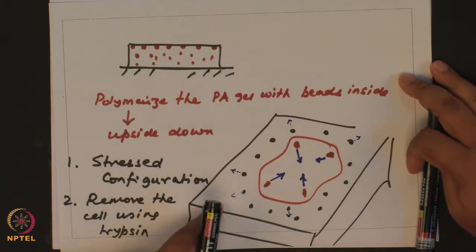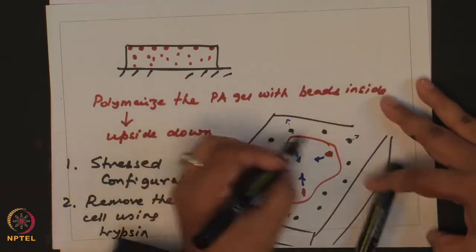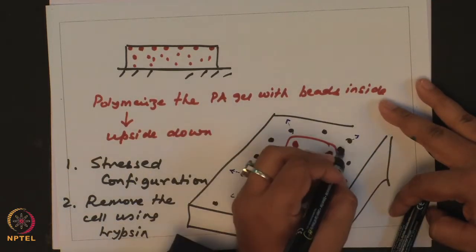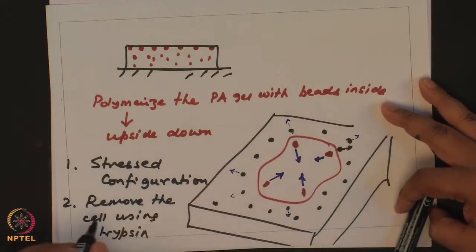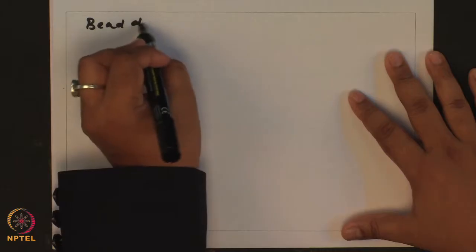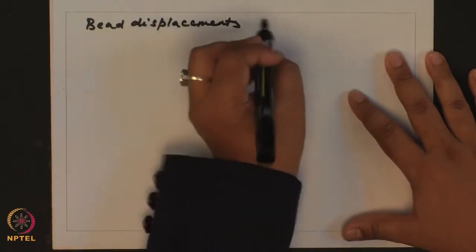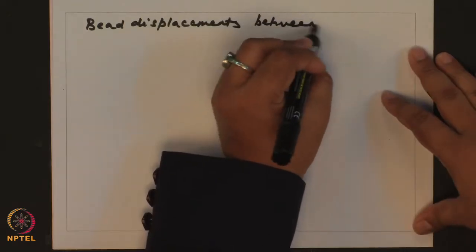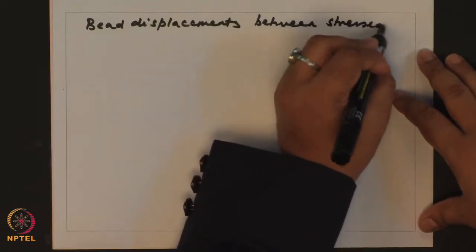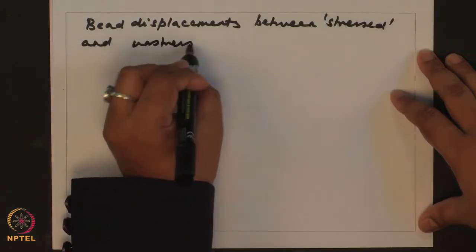But the beads which are far from the cell may not have any effective displacement, but these beads which are positioned close to the cell will move in outward directions. So, from this I can track the bead displacements between stressed and unstressed configurations.